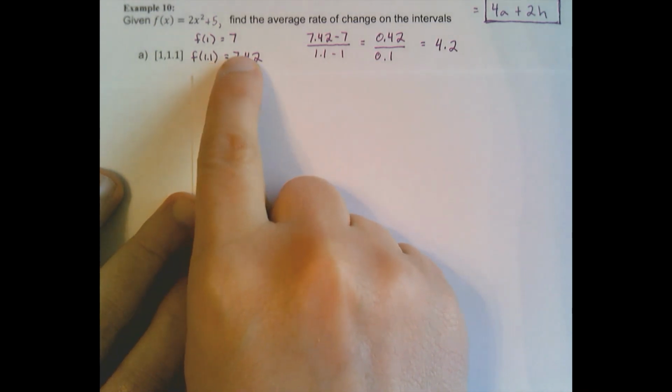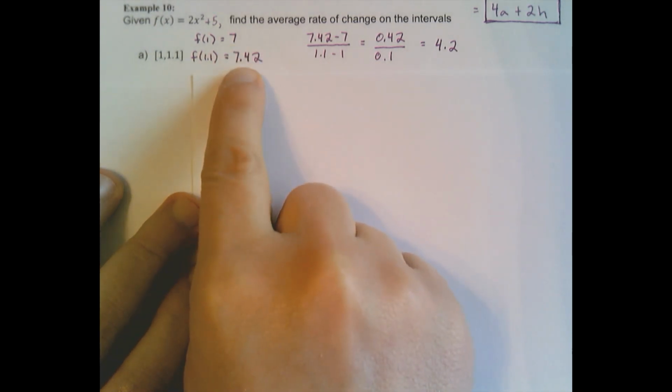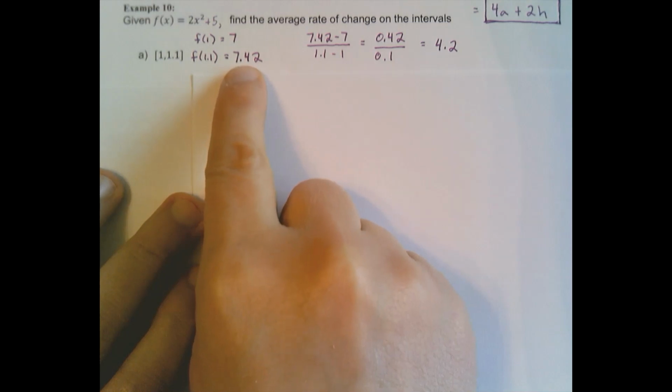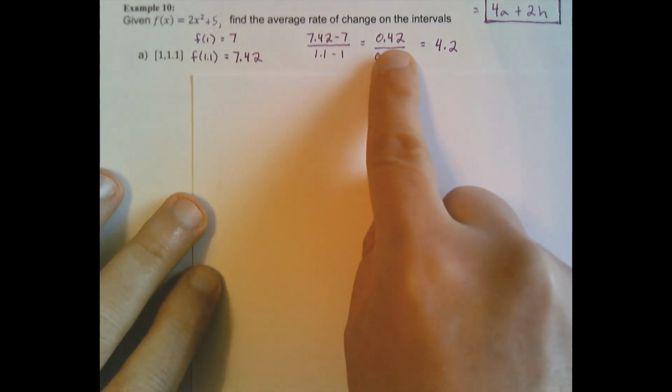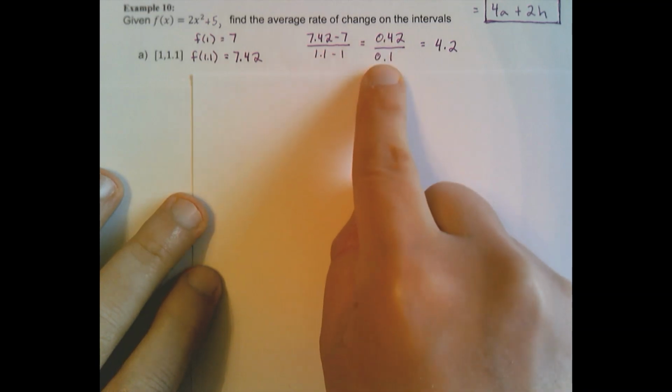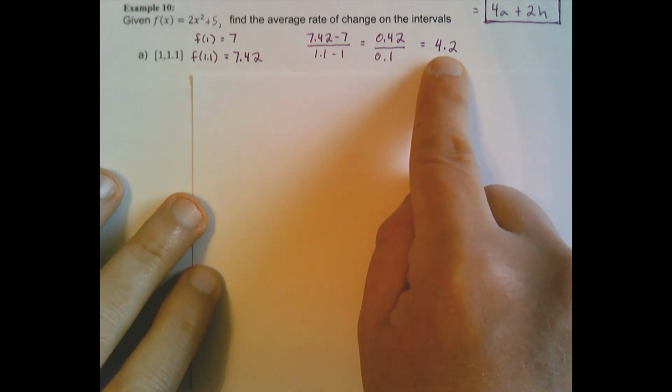The difference here is our f of b and f of a. Those numbers are different, but when we do the subtraction in our difference quotient, we arrive at the same answer that we had in example 9c. And I want you to think about why we would get the same answer with a different equation.